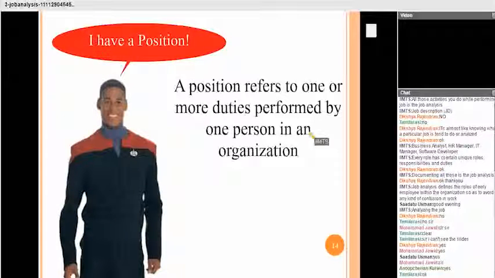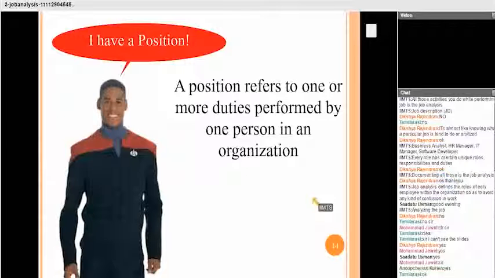Then position. A position refers to one or more duties performed by one person in an organization, like chief manager, deputy general manager, general manager, executives, assistant manager, manager, executive vice president, executive directors. Also business analysts, technical lead, team lead, project lead, technical architect, solution architect.